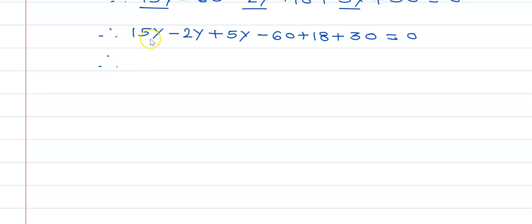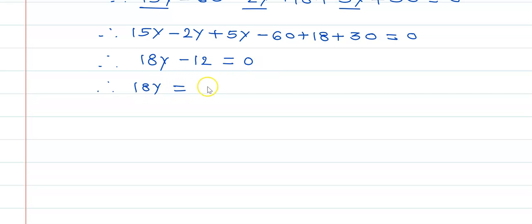Therefore 15y minus 2y, you will get 13y, plus 5y, 18y. Minus 60 plus 30 is minus 30, minus 30 plus 18, you will get minus 12, equals 0.